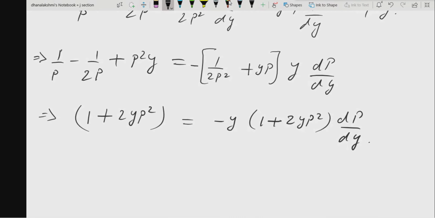Check whether I'm right or wrong. You simplify and check whether this thing is correct or not. Here I should have a p also.